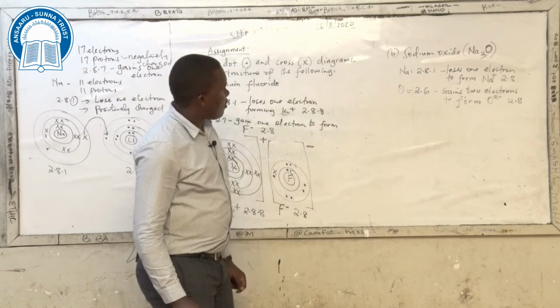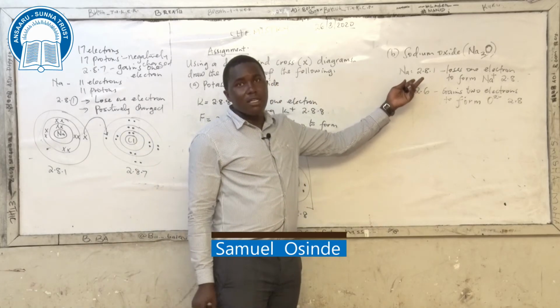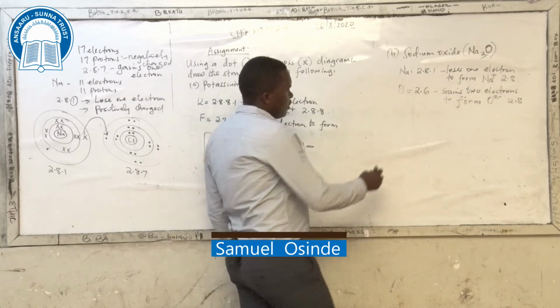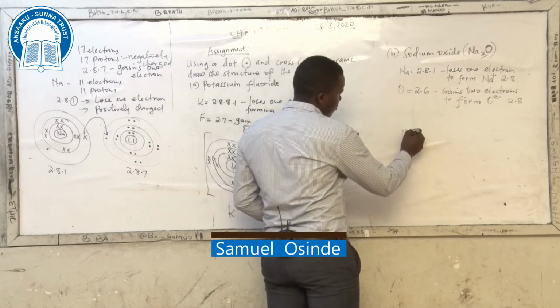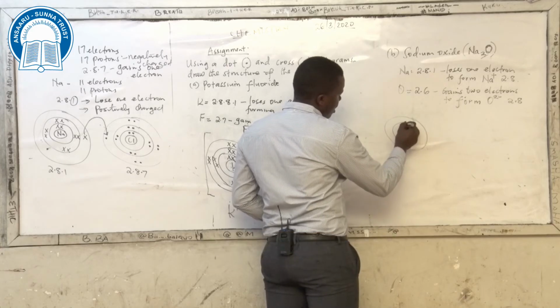So in case you are asked this in an exam, you just need to draw the ions, but you are going to draw 2 of the sodium ions. So you will start with sodium. So we have 2.